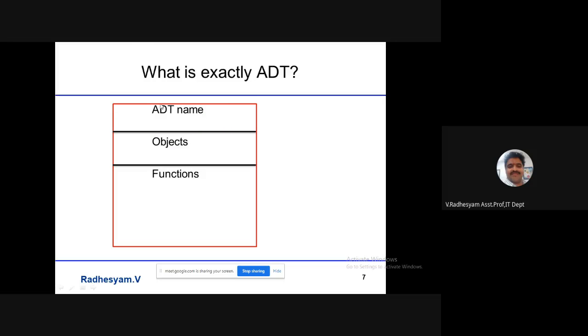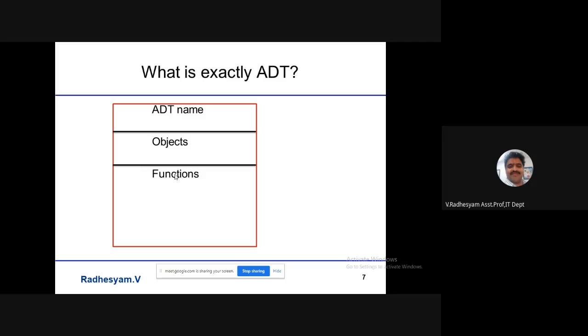Here the ADT name is stack. Objects are variables. That means a stack is a variable, TOS is a variable, and the elements which we insert into a stack are also variables. All those things we can place in the objects compartment. Functions means what are all the operations you want to perform on the stack data structure.